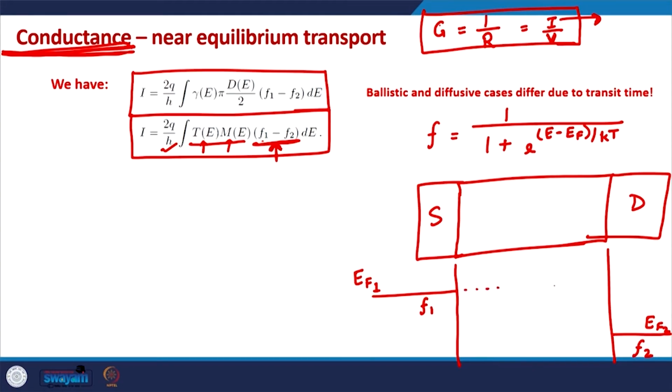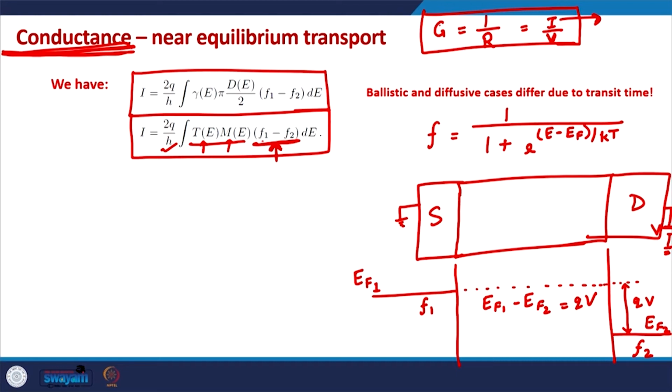The voltage that we have applied is Q times V. If the source side is grounded and on the drain side we have a battery of voltage V. Okay. So, the EF1 minus EF2 difference is Q times V.